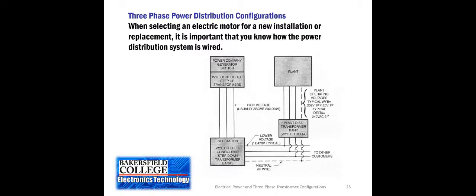So when we look at power distribution, almost never in a large building, whether it's a large store or a shopping center, or perhaps a strip mall, or a school or an industrial building, do we have a low voltage coming in.